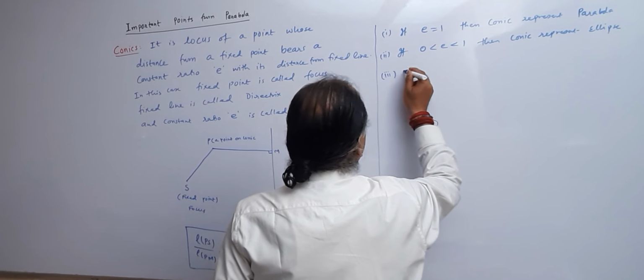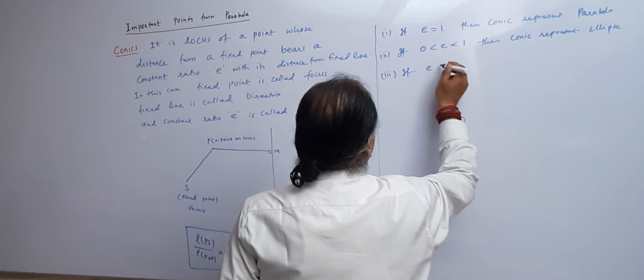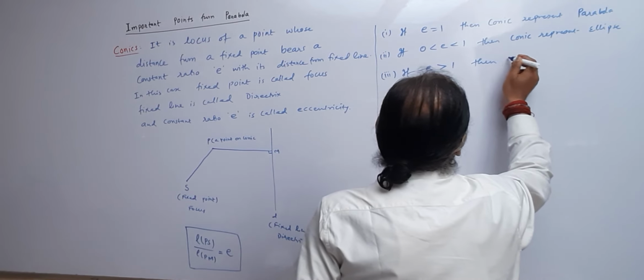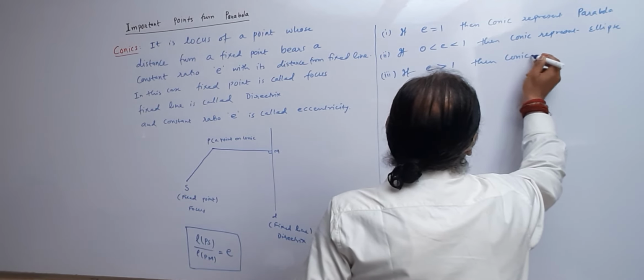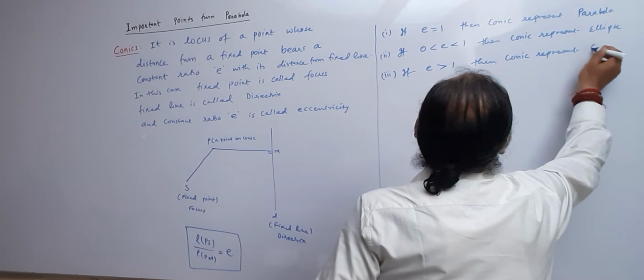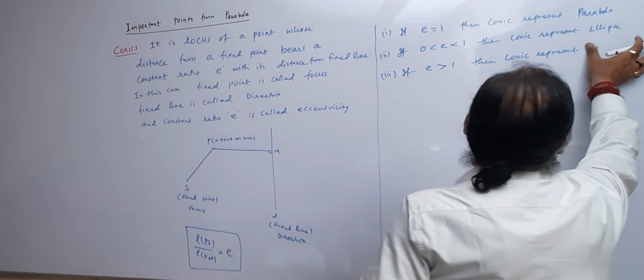Number 3, if e greater than 1, then the conic represents a hyperbola.